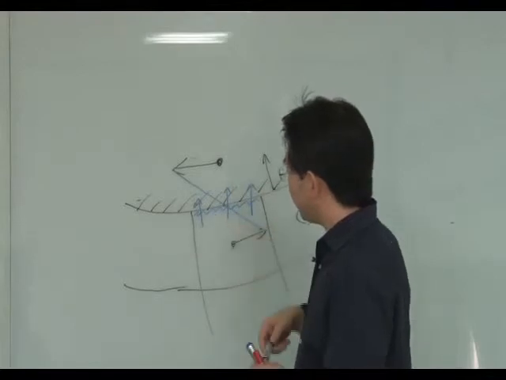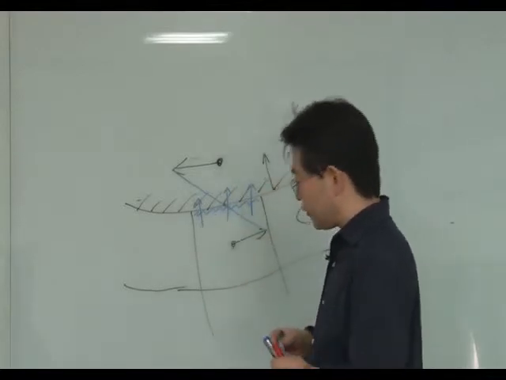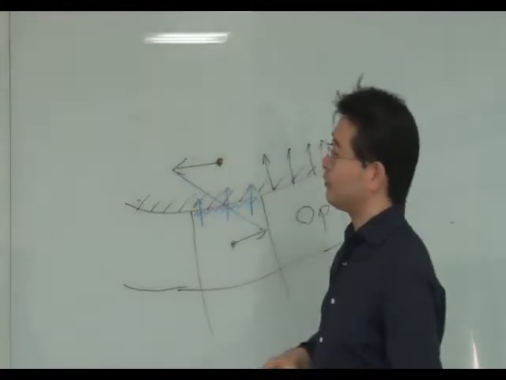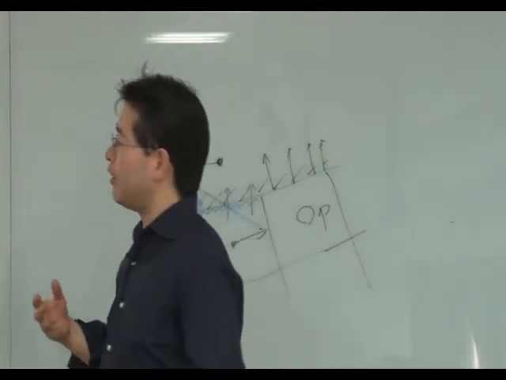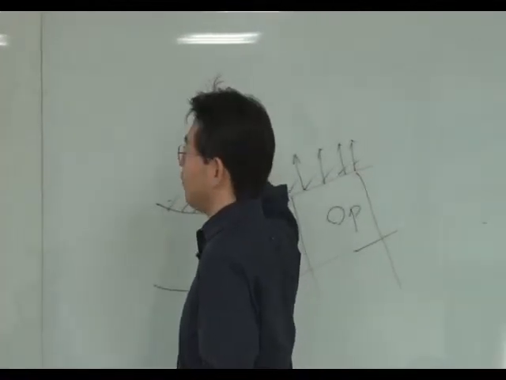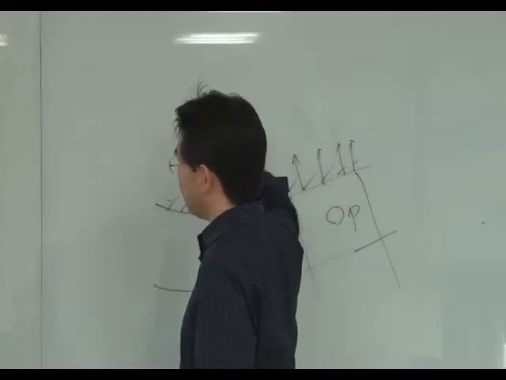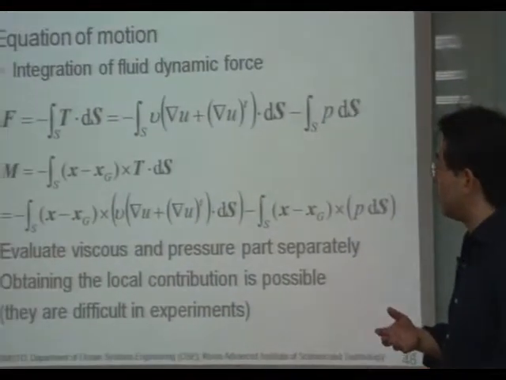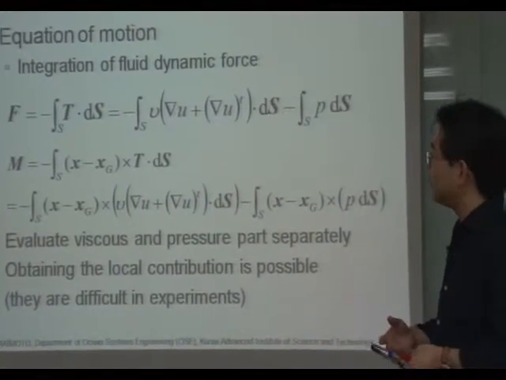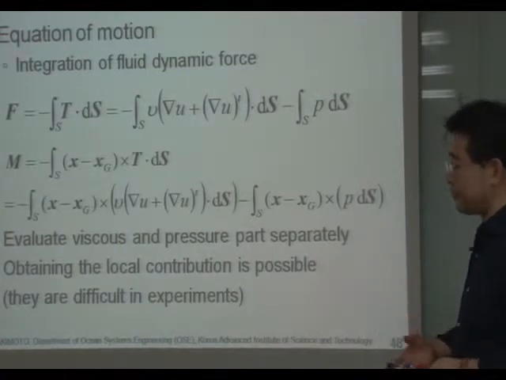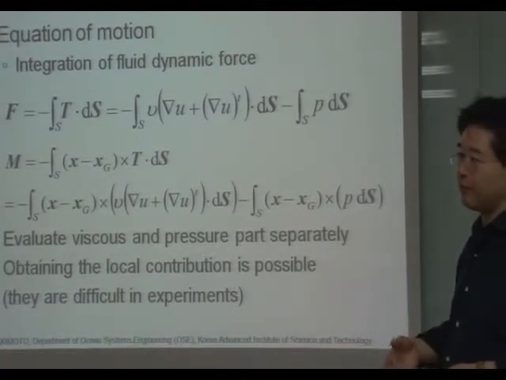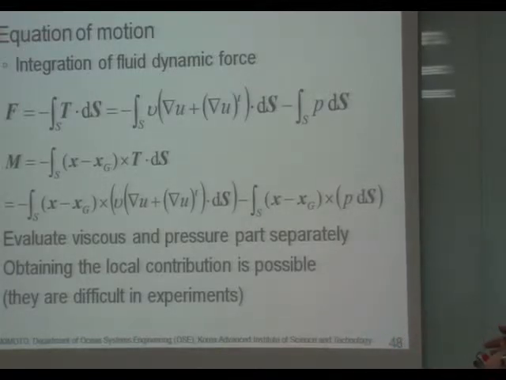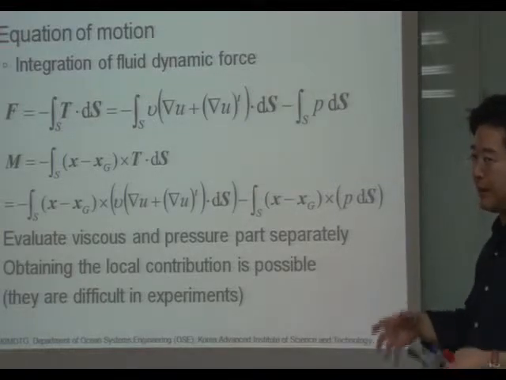It means the momentum from this control volume to the body surface should be equal to the force the body will receive from the fluid. If these two are not consistent, it will lead to the violation of momentum conservation. It will lead to unnatural motion of the body in the simulation.